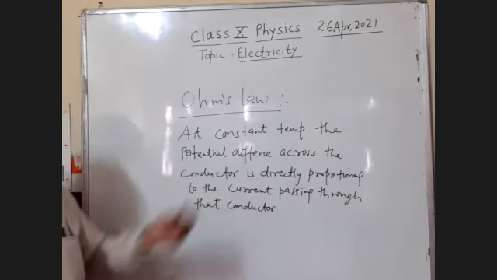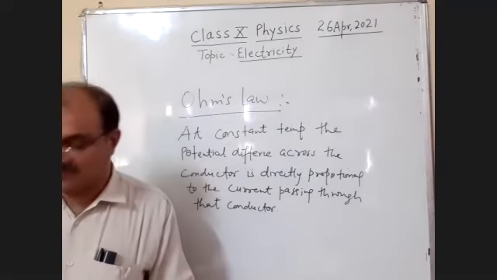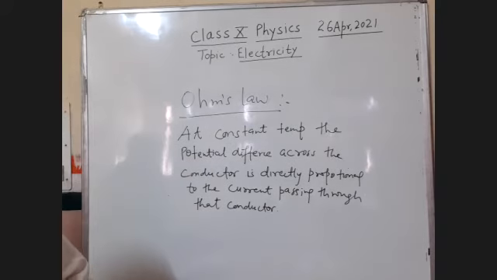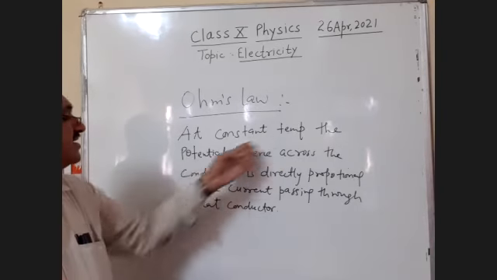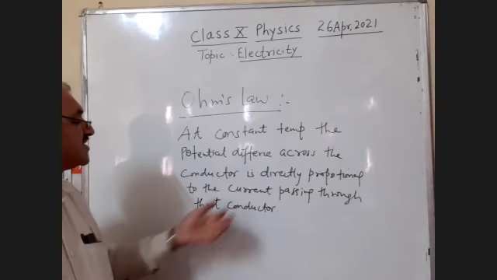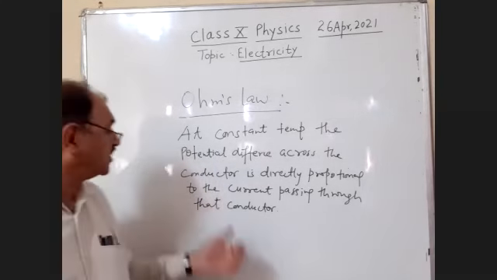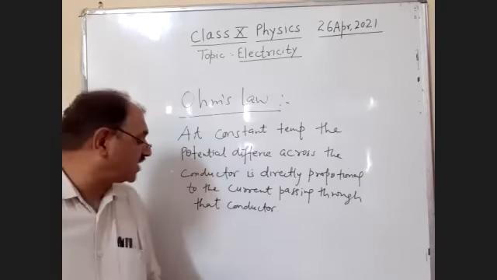This is the statement of Ohm's law: at constant temperature, the potential difference across the conductor is directly proportional to the current passing through that conductor.